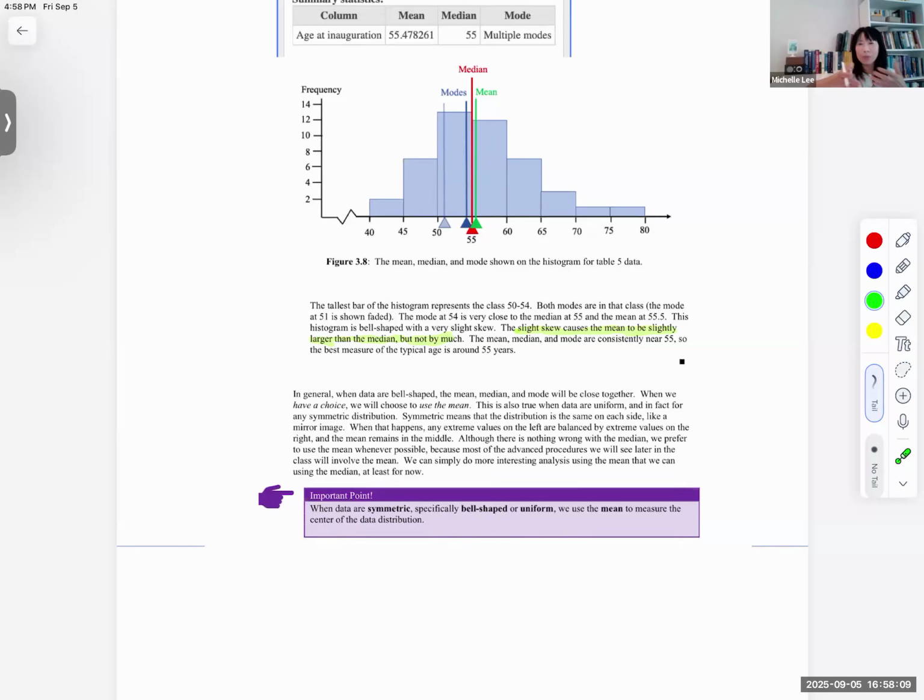That means the median is resistant, so it's good as the measure of center. The mean is good for bell shaped, uniform, symmetric data. Make sense?